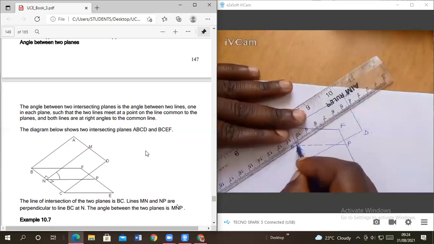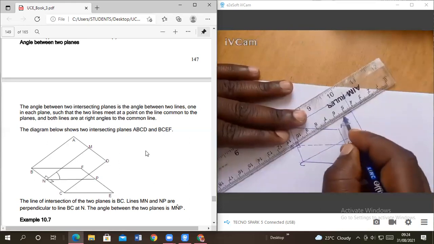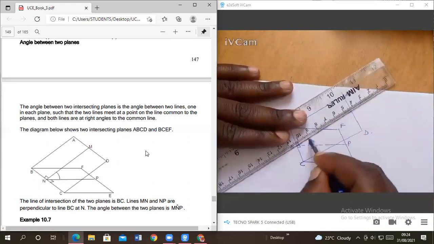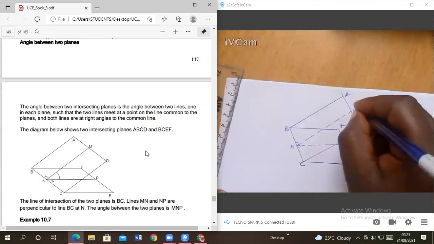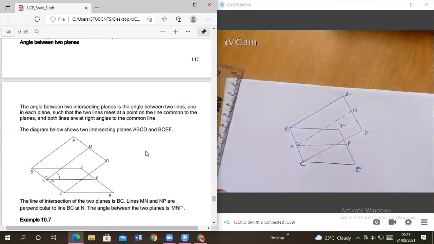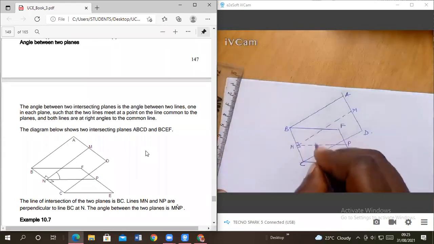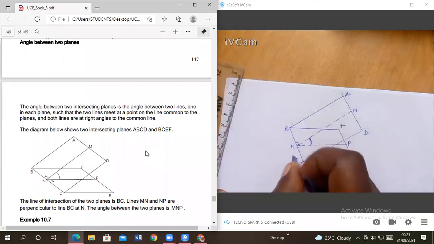And now you draw another line from point N bisecting the upper plane into two. There. So this is M. So it means that now these two lines, MN and NP, meet at a common point N. And this point N is where our angle will be theta.